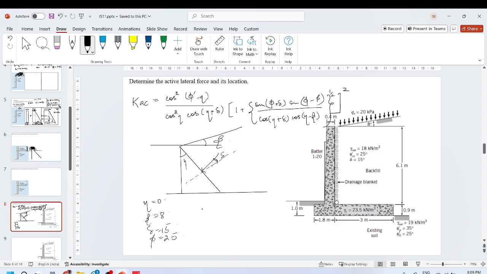You can calculate the value of KAC, and after that you simply draw the active pressure diagram like this.